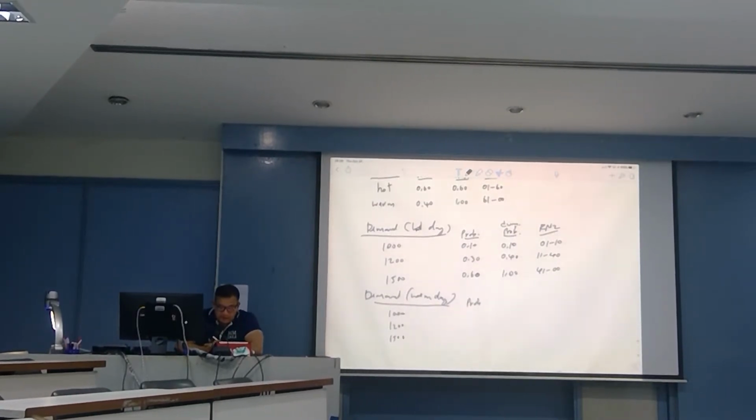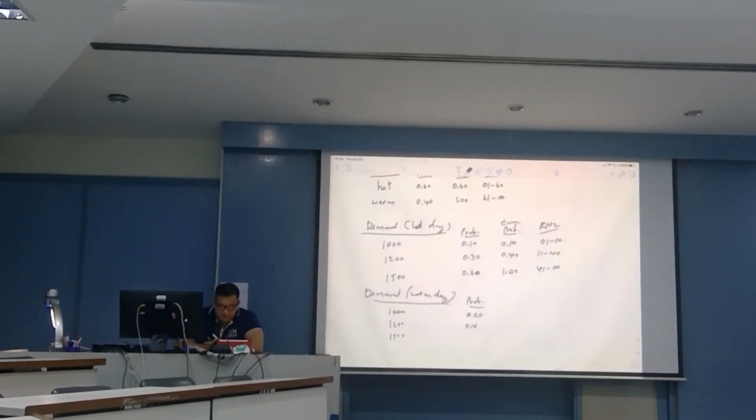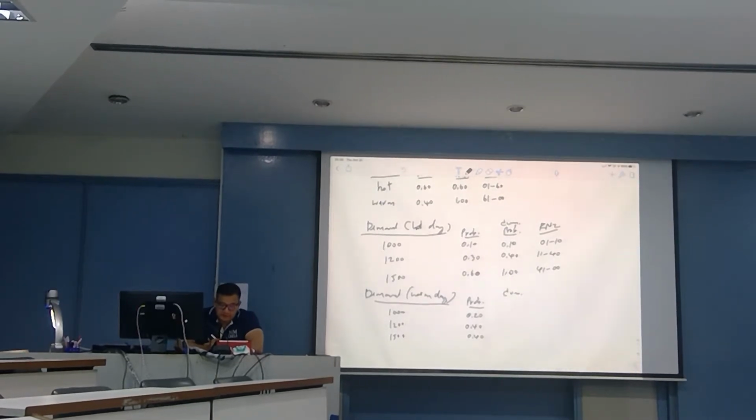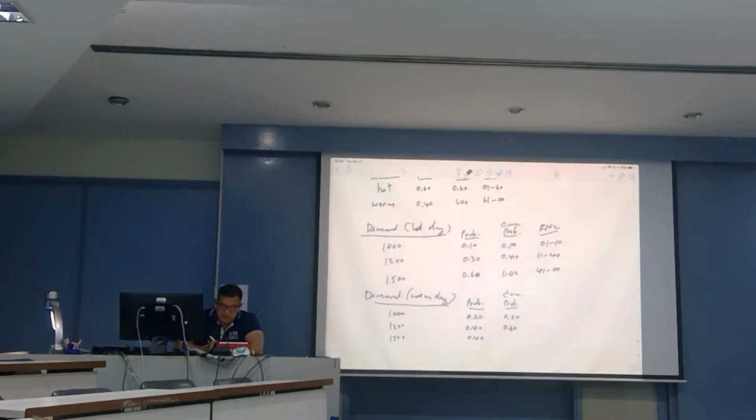We know the probability distribution. It's 0.2, 0.4, and 0.4. So then we do cumulative. So we still use I2, the same variable, but we just look in another table. So we have 01 to 20, 21 to 60, 61 to 100.